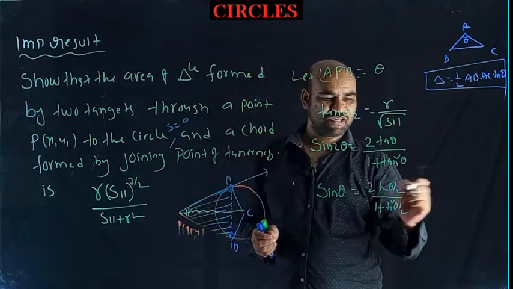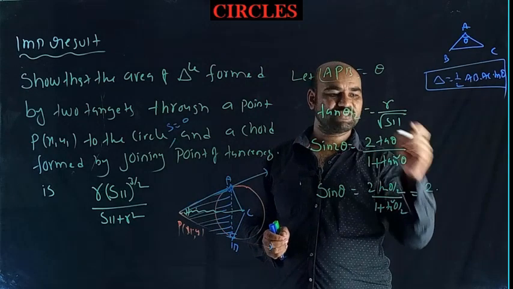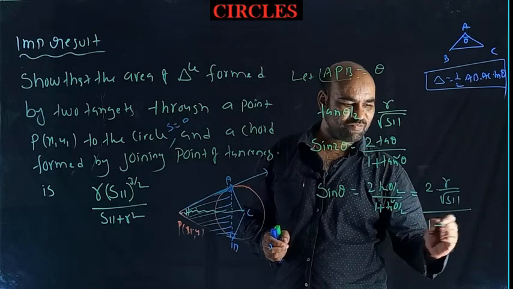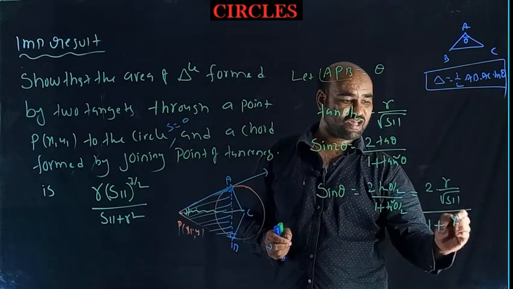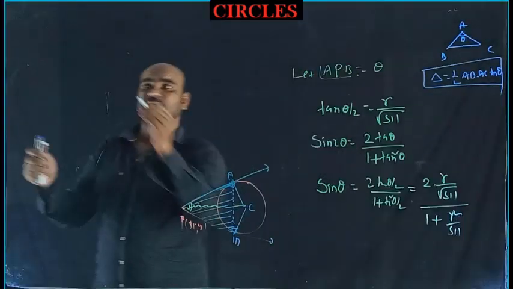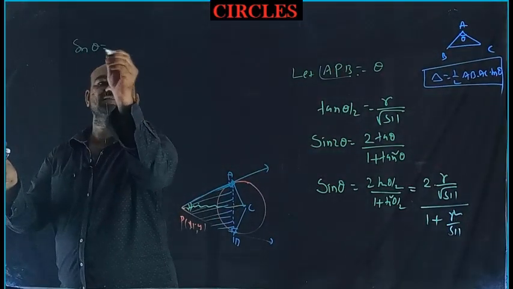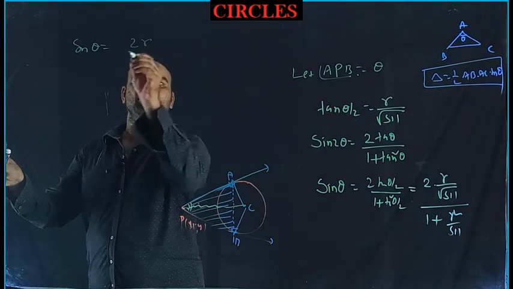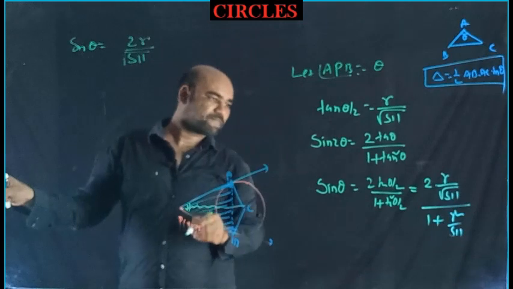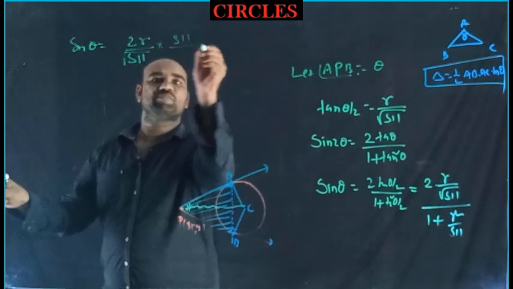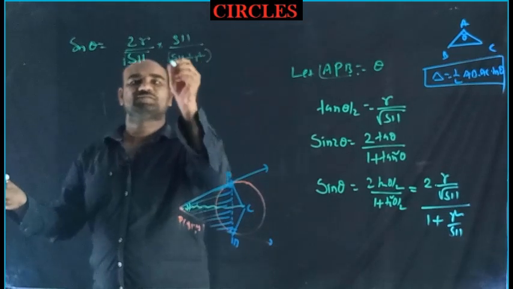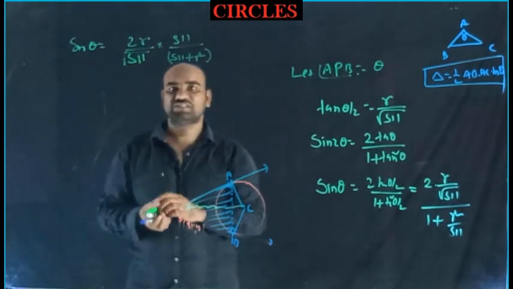So I substitute here: 2 into tan theta by 2 means I can write R by root over S11, by 1 plus tan square theta by 2, which is R square by S11. Now I want to simplify this. Sin theta equal to 2R by root S11 into S11 by S11 plus R square. Okay, leave it. We'll see later what happens to this.